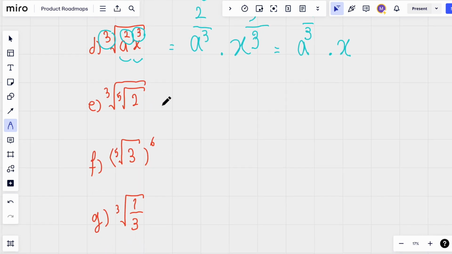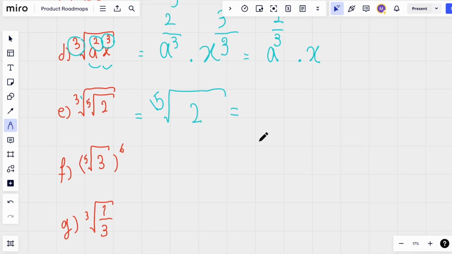In part E, we are looking at two different radicals written right next to each other. In such cases, we can just go ahead and multiply the two indexes and write them as one single radical. 3 multiplied by 5 would give us 15. So really, all along, we were looking for the 15th root of number 2.